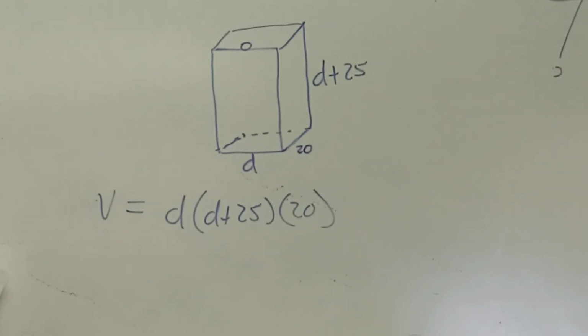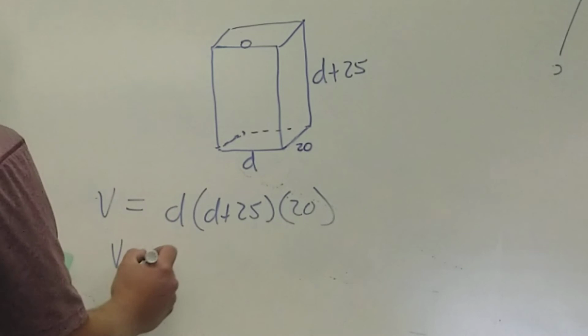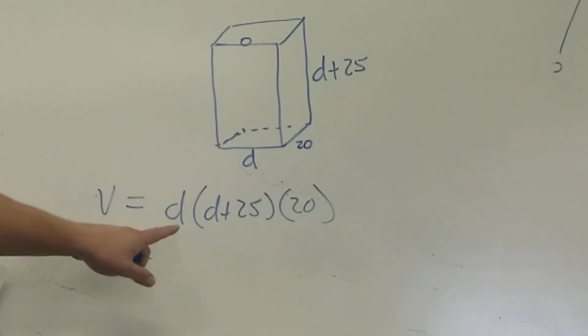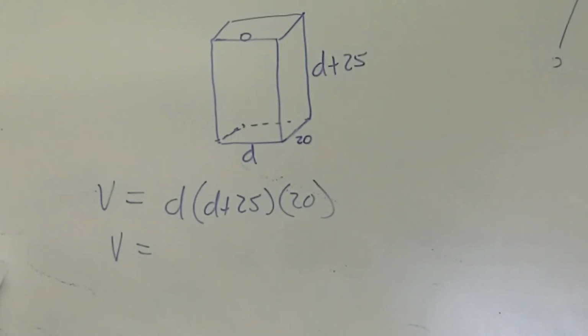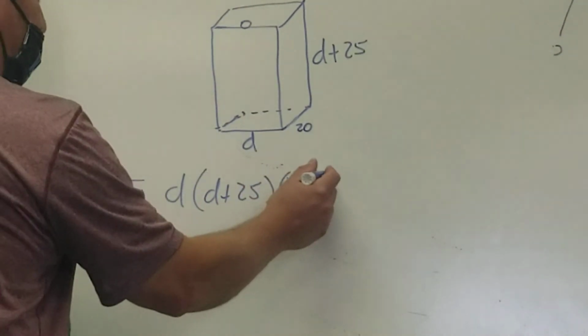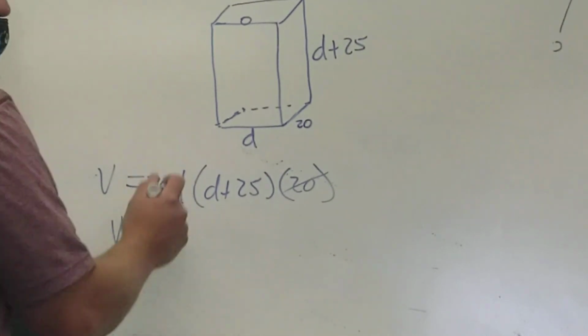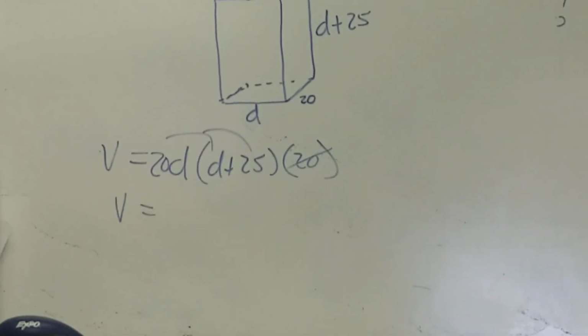If it wants it in standard form, how do I get this in standard form? Just multiply it. Distribute everything through. I'm going to put the 20 with the d. Is that okay with everybody? Now I'm just going to distribute the 20d. So what do I get?